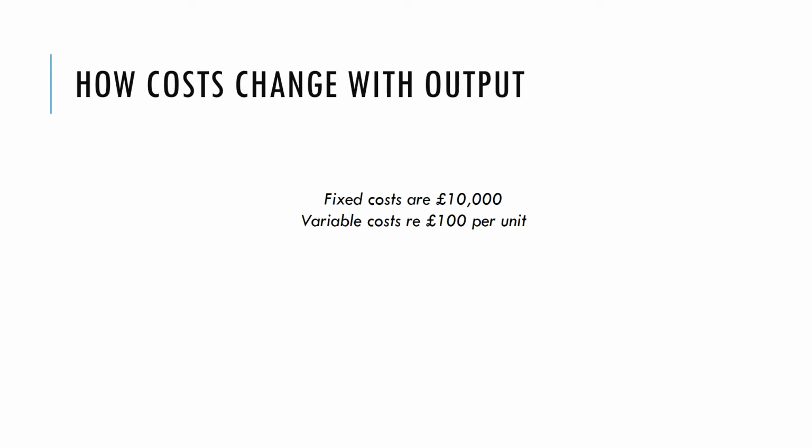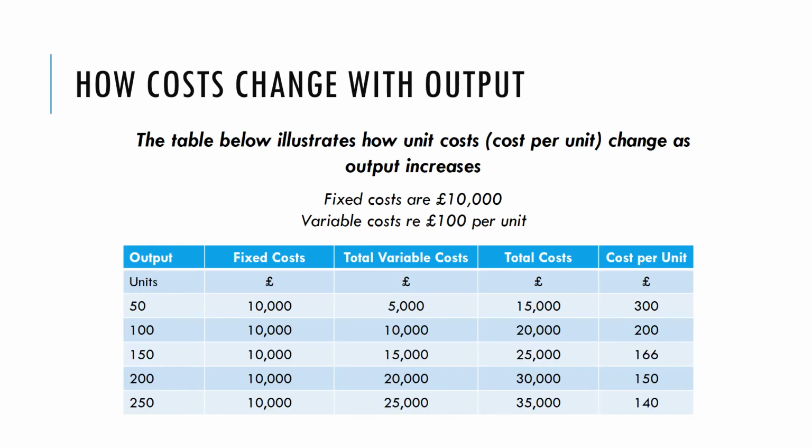The next thing we're going to look at is how costs are likely to change with output. So if we consider an example here where fixed costs for our business are £10,000 and the variable costs are £100 per unit, what would our total costs look like? Well, this table here shows us as we increase the number of units that we make, the fixed costs stay the same, the variable costs begin to rise because they vary with the number of units we make.